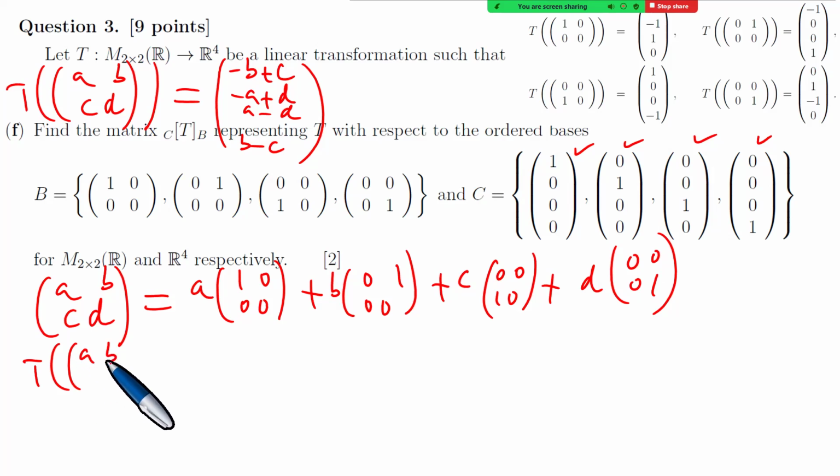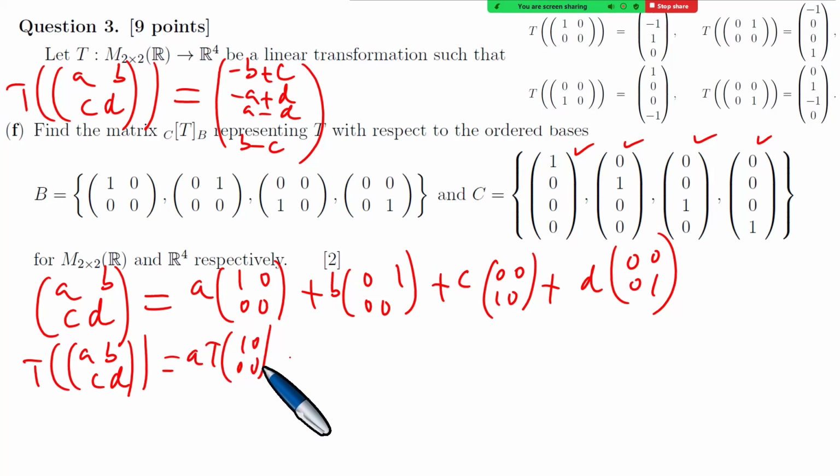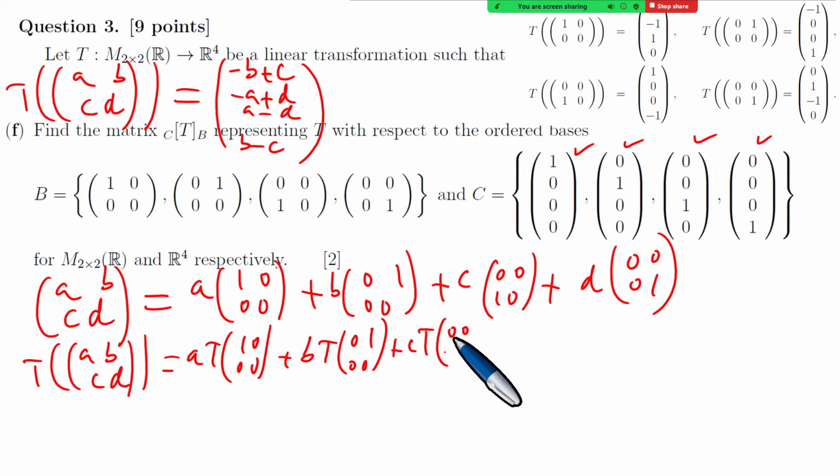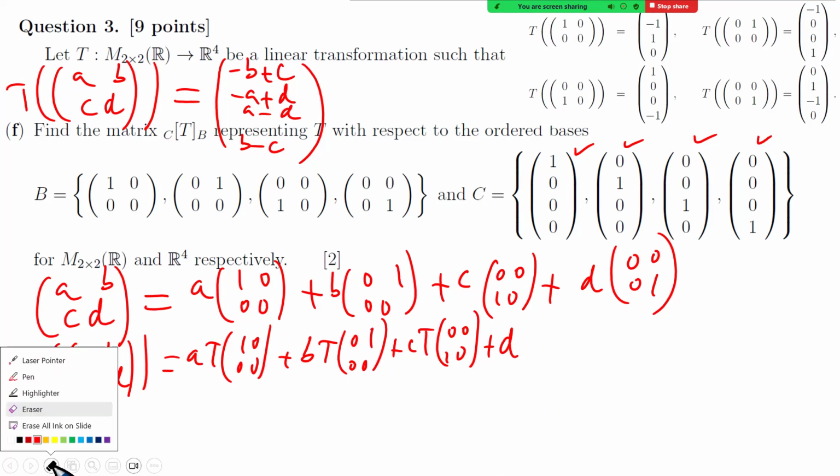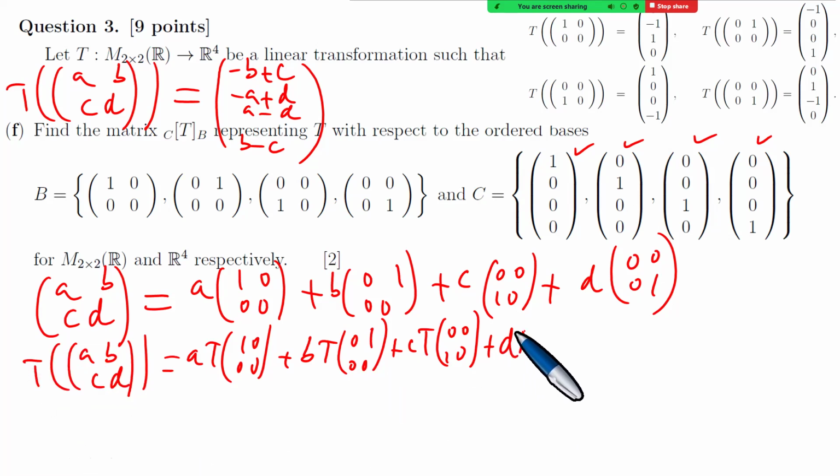Because the image of the ABCD would be A times the image of 1, 0, 0, 0, B with the image of 0, 1, 0, 0, C with the image of 0, 0, 1, 0, and D with the image of 0, 0, 0, 1.